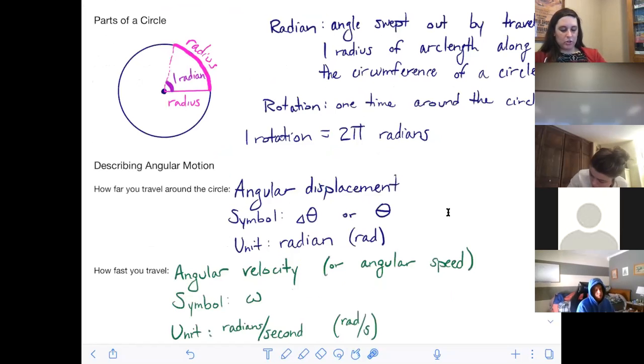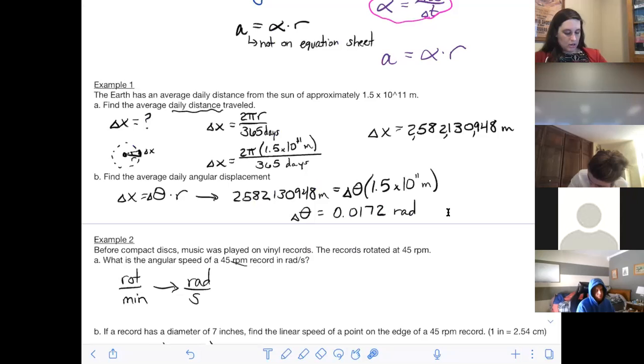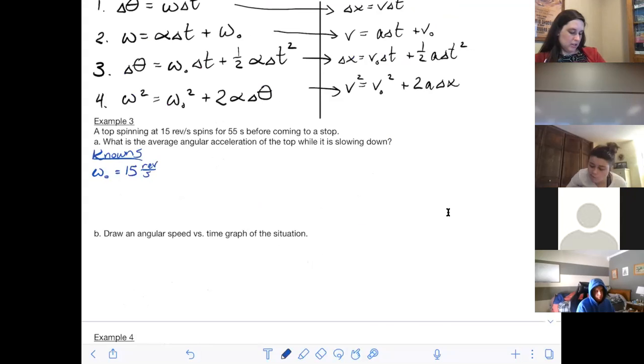So since 1 revolution is the same thing as 2 pi radians, I know that this is actually going to be 15 revolutions per second multiplied by 2 pi radians per revolution. I should actually write down this quantity as 30 pi. I'm going to actually be using 30 pi, not 15, okay?